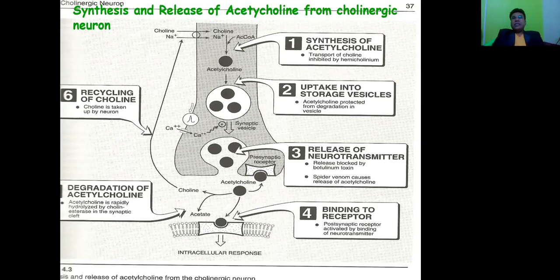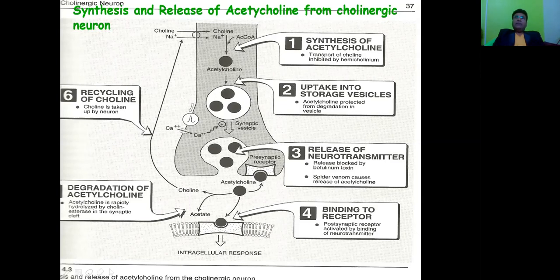So the acetylcholine stored in the synaptic vesicles is released by spider venom and blocked by botulinum toxin. Number 4, the released acetylcholine will bind to the postsynaptic receptor, which is activated by binding of the neurotransmitter, resulting in the intracellular response.